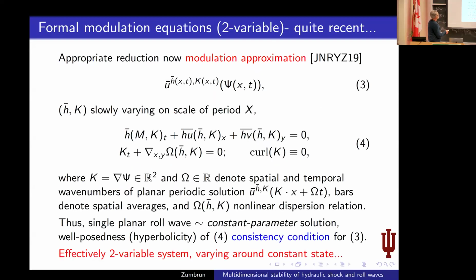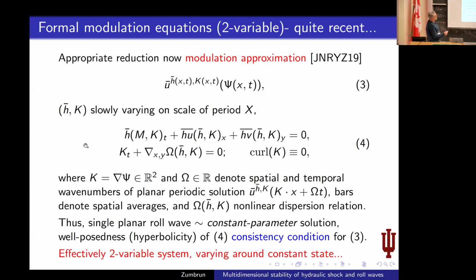So here we're going to try to look at slowly varying average height and wave number, and then quite possibly a slowly varying phase shift. But these waves are varying on period X. And if we make this assumption, then we get these equations.